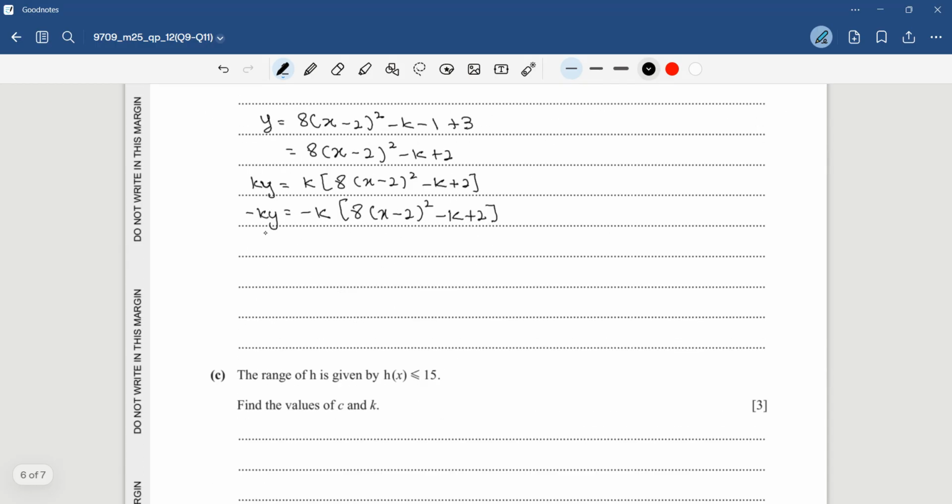Therefore, your h(x), you can multiply in, it's easy for you if you want, is negative 8k(x minus 2) squared plus k squared minus 2k.